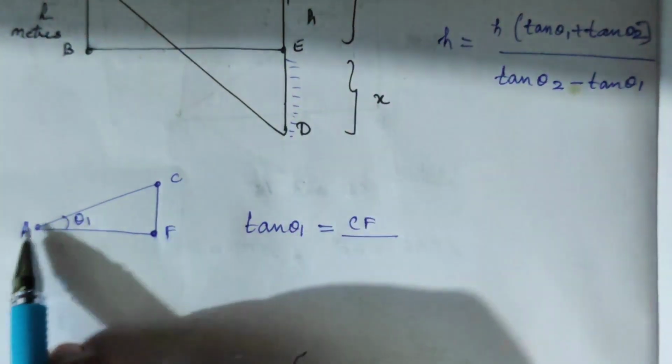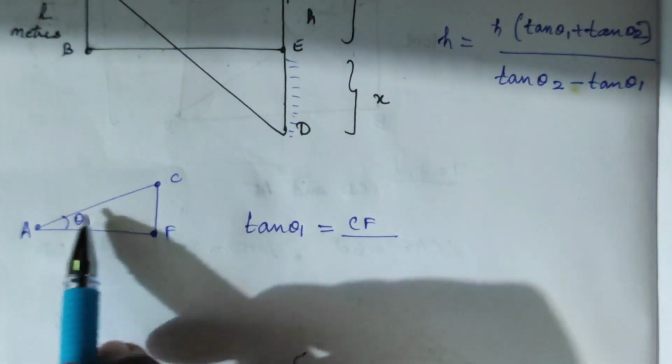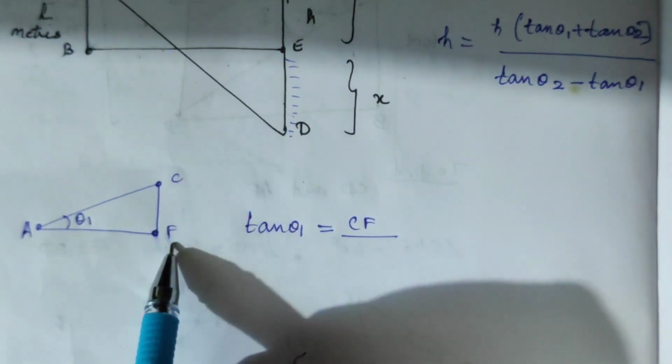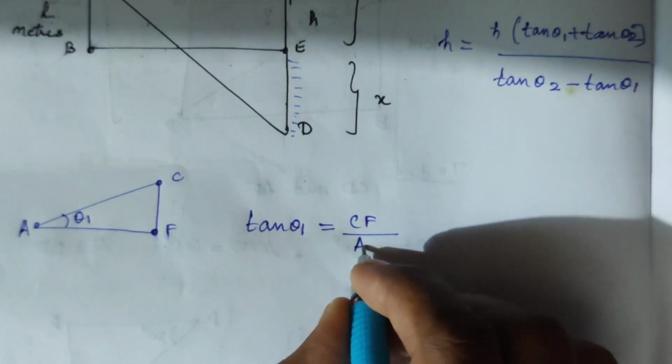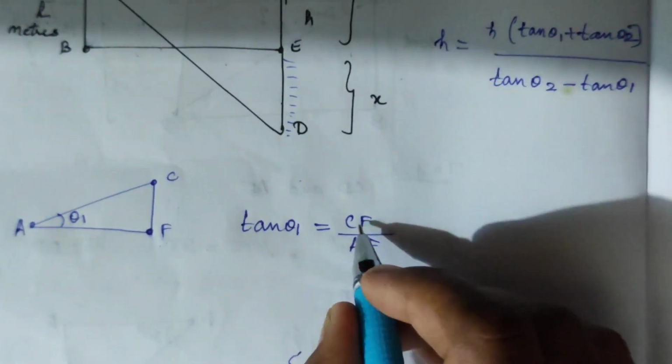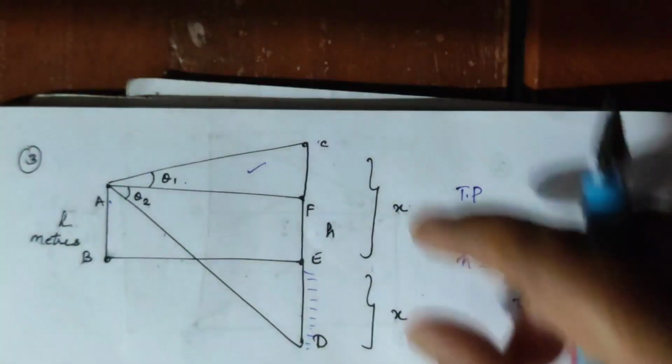So tan theta 1 is equal to opposite by adjacent. Consider this triangle ACF: the opposite side is CF and the adjacent side is AF. So this is CF.